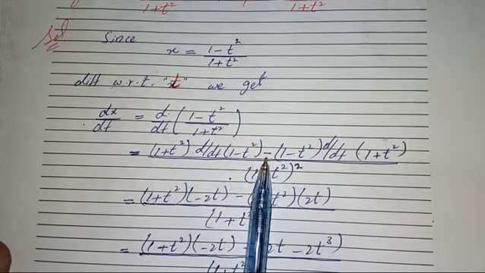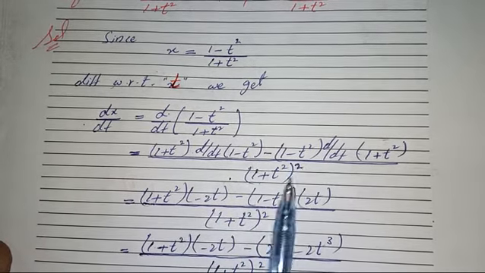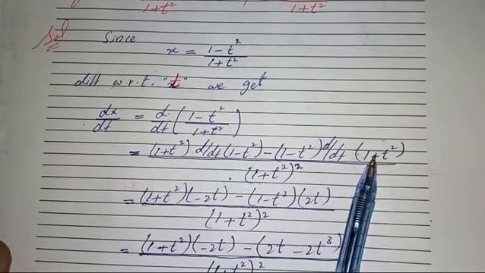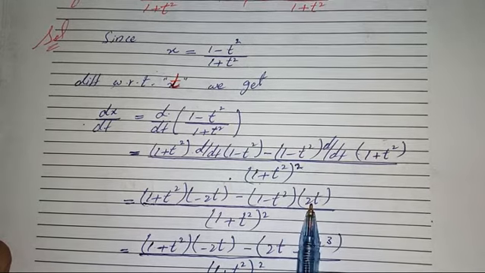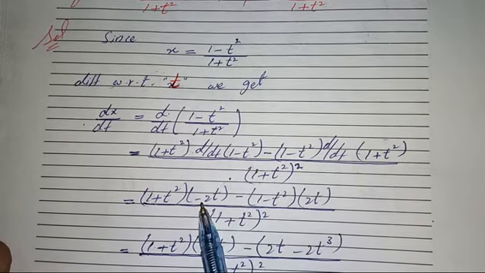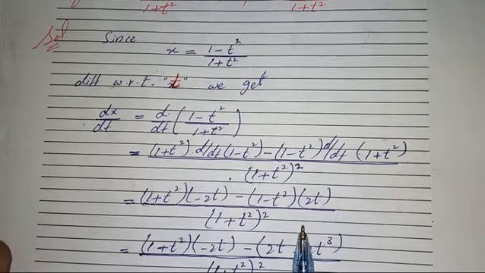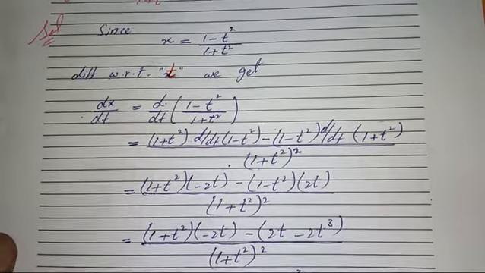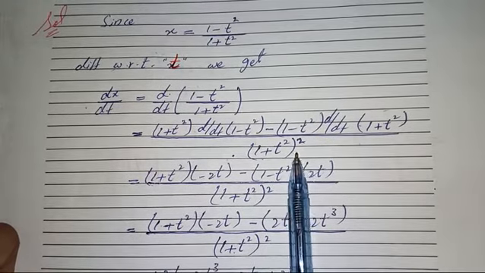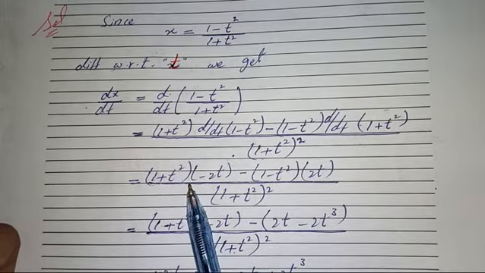Okay, minus sign as it is, 1 minus t square as it is, and the derivative of 1 plus t square is, now here is plus, so its derivative is 2t, just like here there is minus sign so minus 2t, plus sign plus 2t. Okay, and in the denominator the term is as it is, (1 plus t square) whole square, 1 plus t square, and next one.